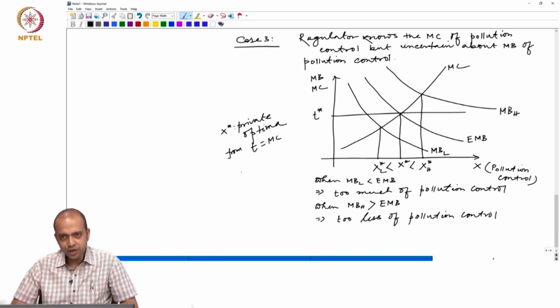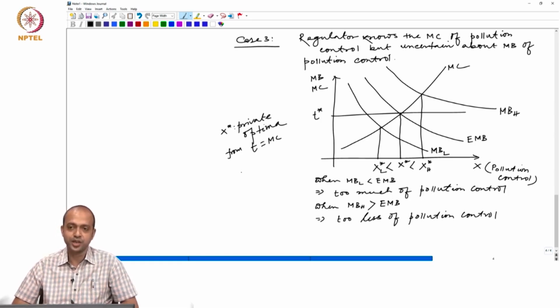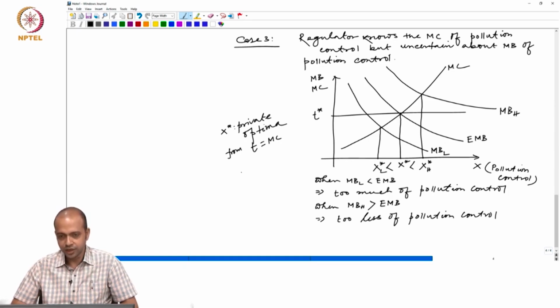Okay. And depending on whether the social optima is higher than the private optima, we will get either too little or too much pollution control, but both are equally undesirable for the society, as we have decided earlier. That is the case. Okay. So, these are the 3 alternative cases by which you can understand the importance of Weitzman theorem.